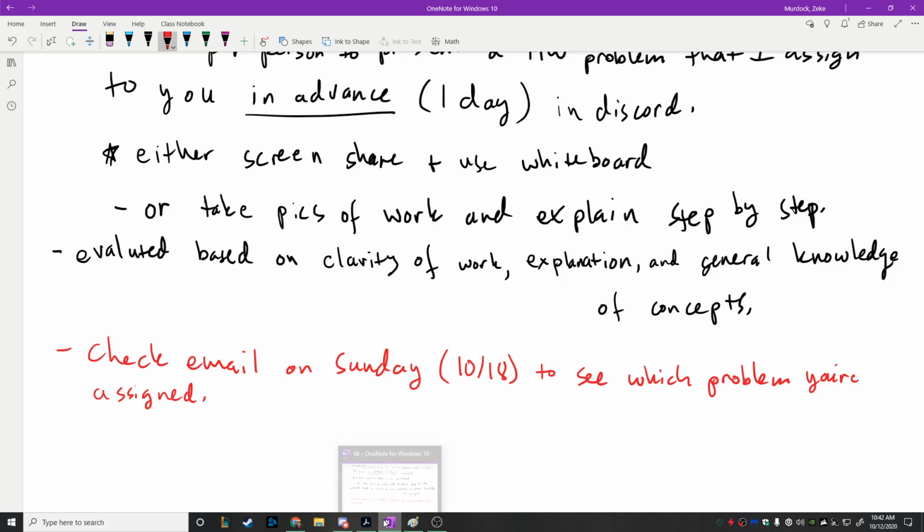So you'll get an email, and it'll say, tomorrow you're expected to present this problem.